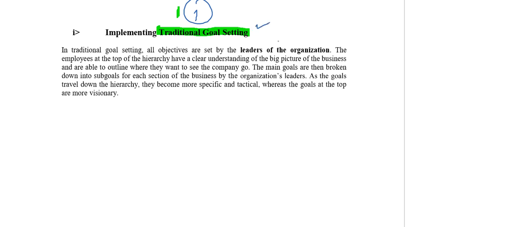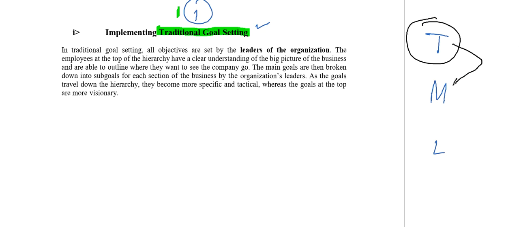As students, we know that there are three levels of management: top level, middle level and low level. Traditionally, goals are set at the top level, then they are sent to middle level, and middle level sets goals for low level.